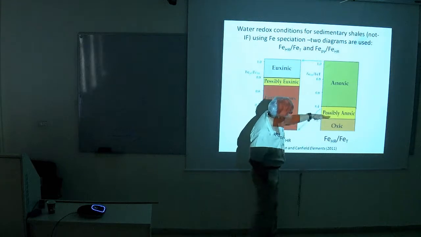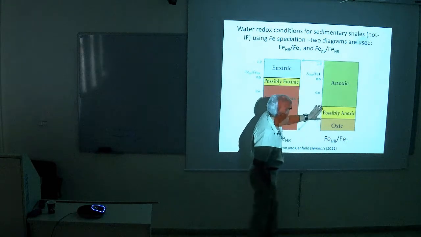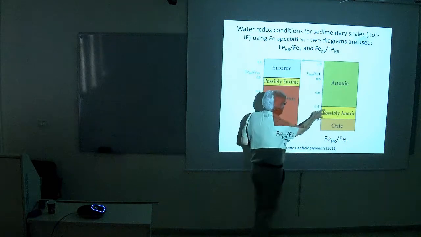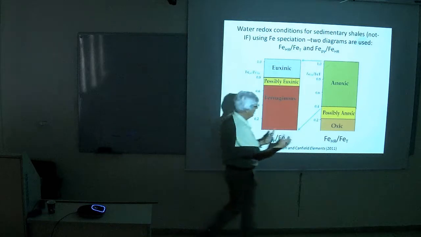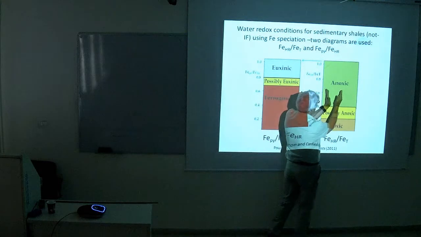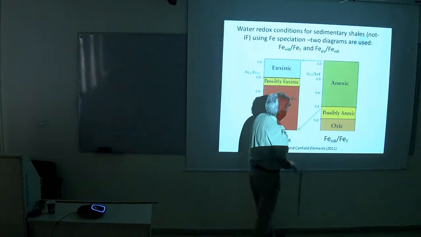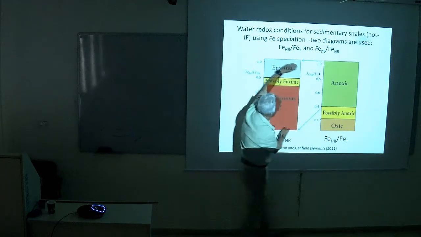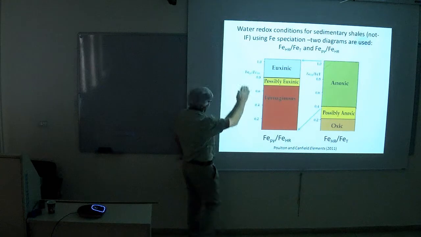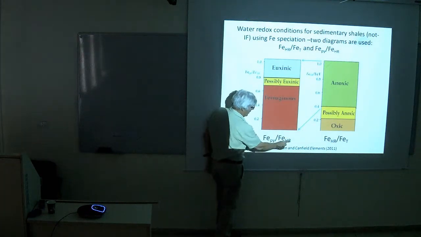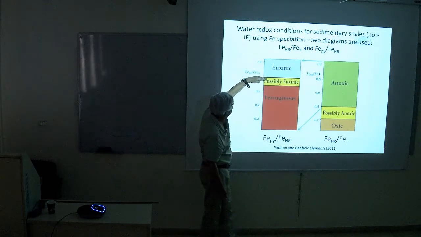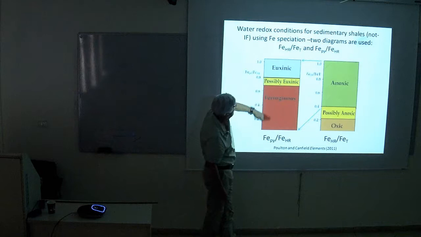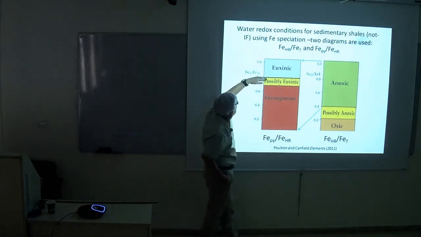Below about 0.22, they're oxic waters, and there is a grey area in between where it could be either. When we find anoxic conditions, we move to the second diagram, the ratio of pyrite iron to highly reactive iron. Up to a boundary of 0.8, we're talking about ferruginous, Fe2-rich waters, and above 0.8, euxinic waters.